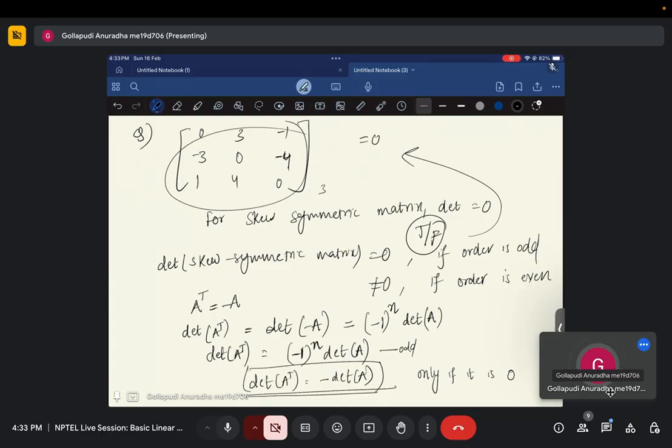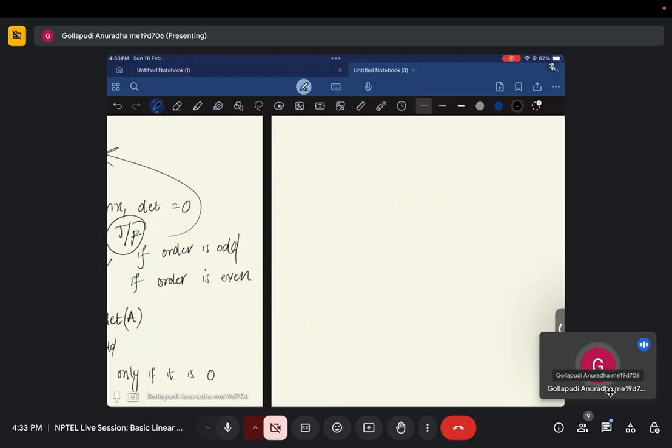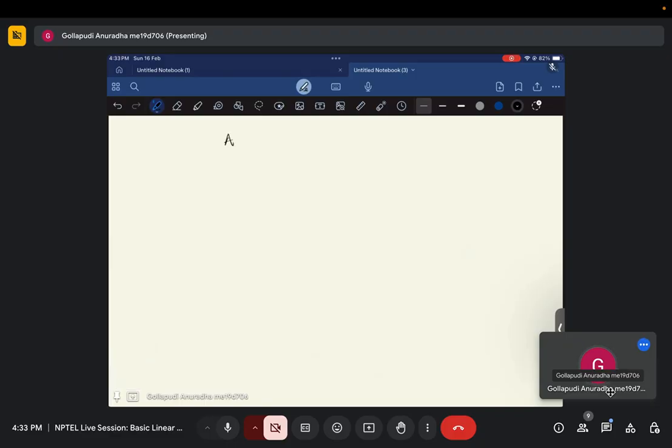You understanding? When you have a matrix A, A transpose is just you're transposing the rows, making the rows into columns and columns into rows. So that won't change the determinant. So determinant of A is actually determinant of A transpose.